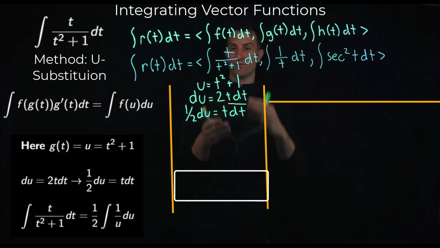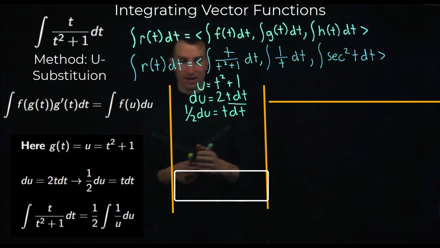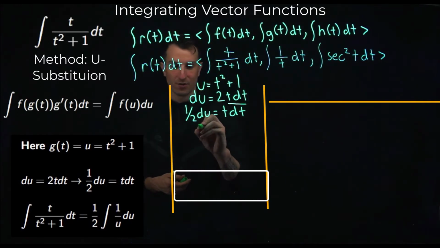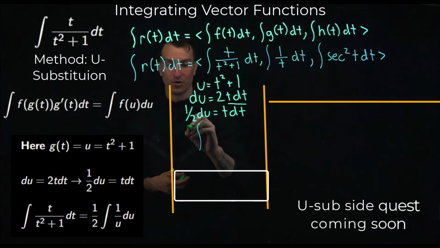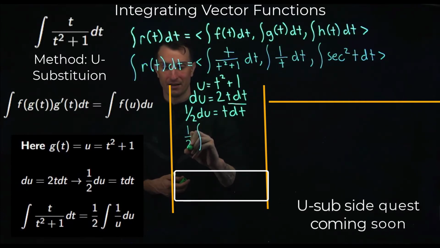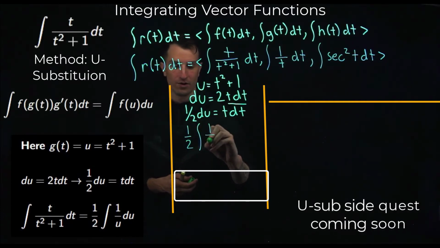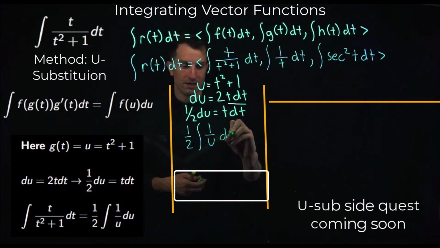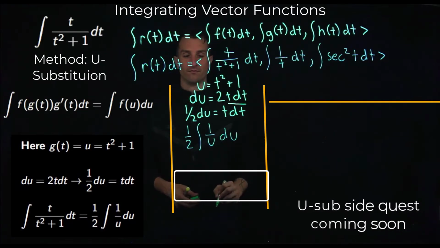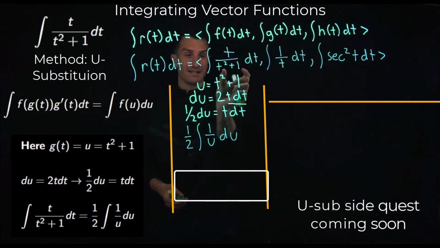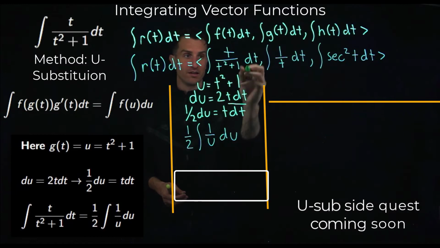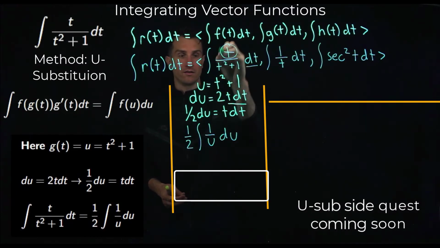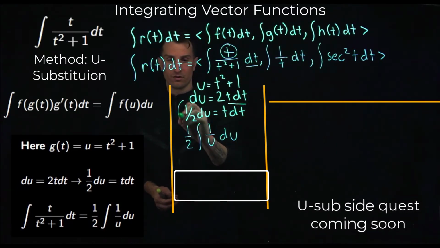Let's go ahead and move from t land over to u land now and make this substitution. So we have the integral, I'm going to put the 1/2 on the side of 1 over u du. Again, I subbed out the t squared plus 1 for the u, and this t dt is equal to 1/2 du.